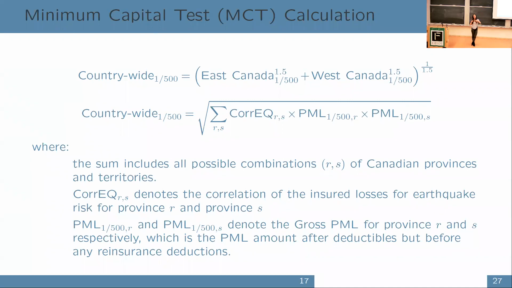And then as time went by, from 1989 to 2017, they said, well, we need to update this because we don't have enough. And then they said to the insurance companies, you have 5 years to evolve and increase the capital up to an event that could happen once every 500 years. So that's why it's 1/500 here.